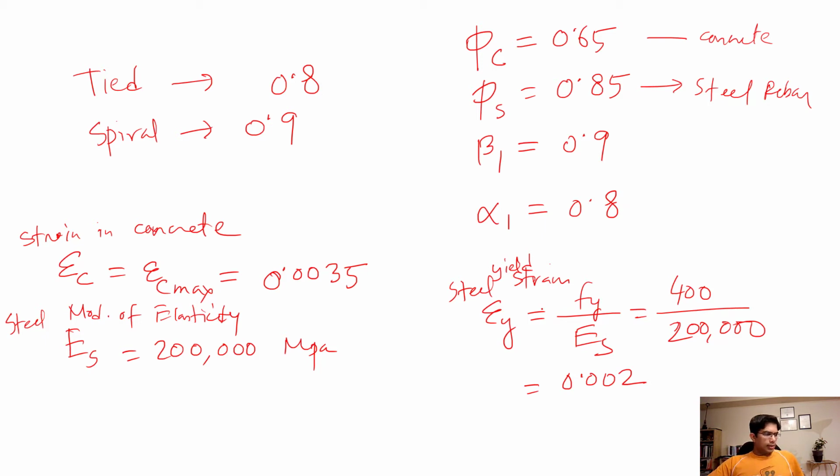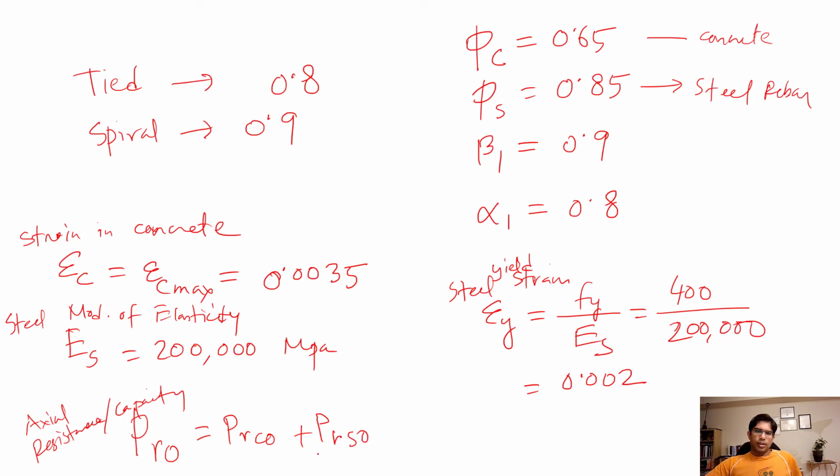And what else? For the column equation, I'm writing it again. For axial load, the axial resistance or capacity, same thing, P_ro equals P_rco plus P_rso. This P_rco is the concrete part, and this is the steel longitudinal rebar part.